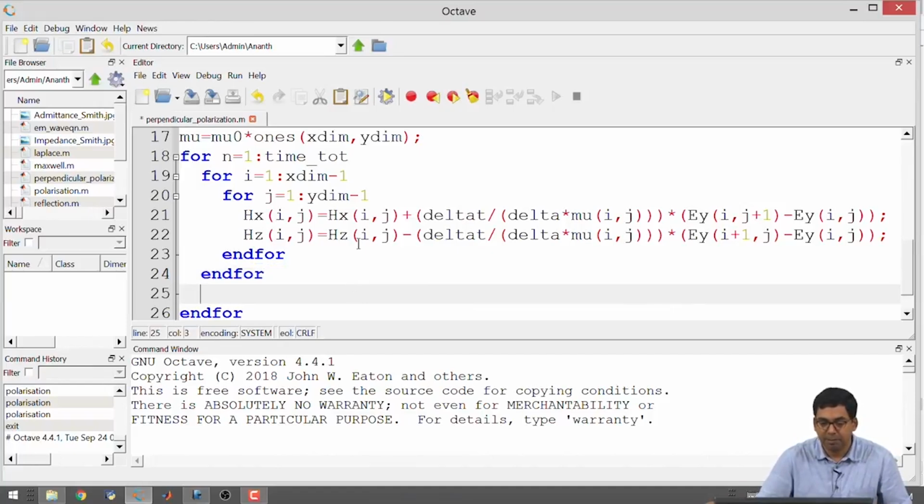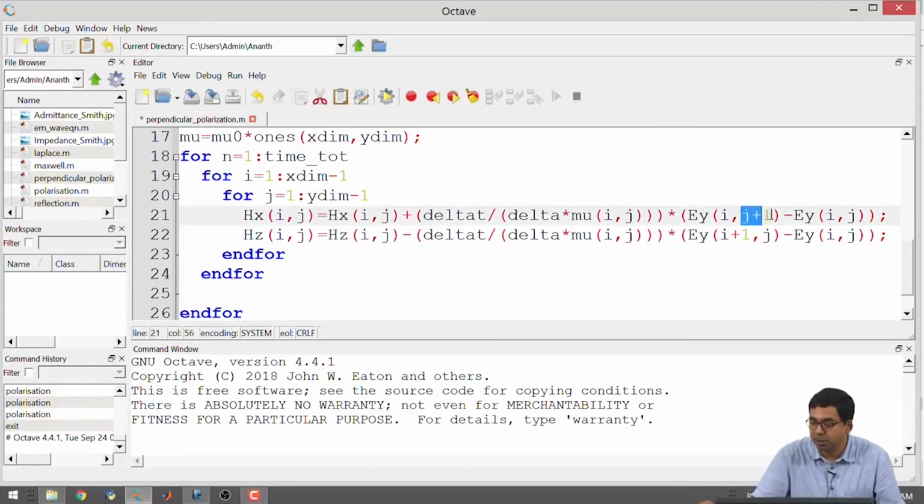because the way we have written our prior codes was having a forward difference in one part and a backward difference in another part, we have to write another space loop. Here you see, for example, I have dou Ey dou z goes to j plus 1 and j, so the highest spatial position is j plus 1. That is why we are having x dim minus 1 and y dim minus 1, so that you do not get an array index out of bounds.